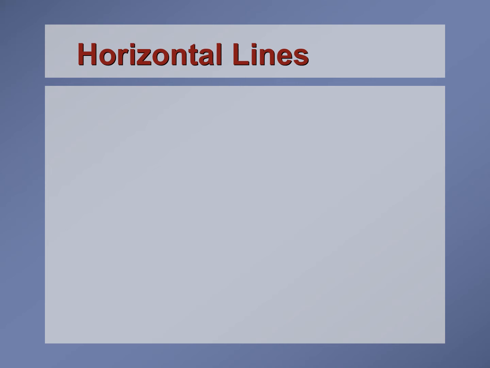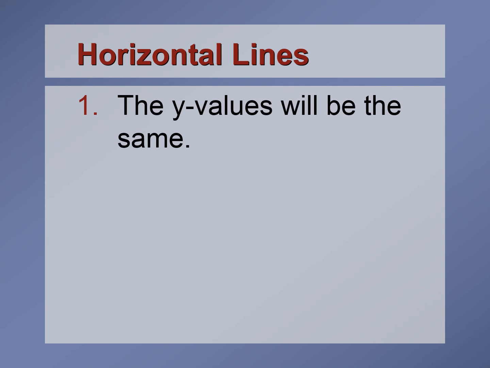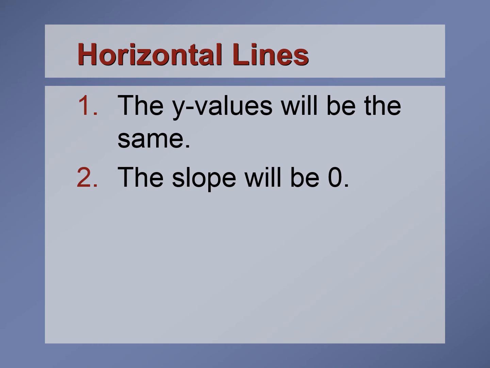So I want to point out some special types of lines. We have what are called horizontal lines, and that's where all the y values are always going to be the same. The slope is going to be 0. So if the slope is 0, that means if you're looking at your function, you're not going to have your x variable.